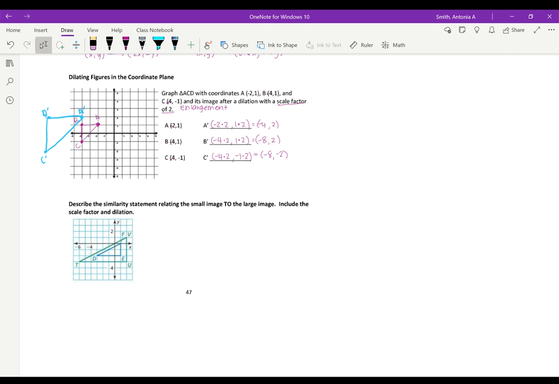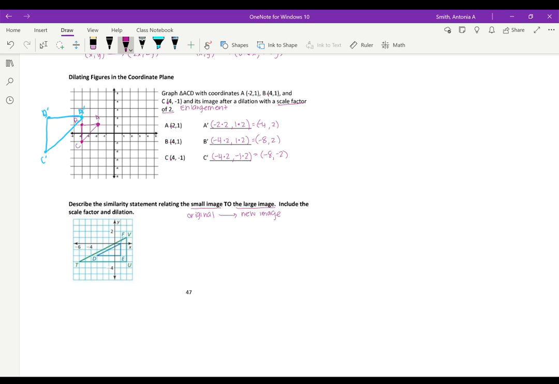So the way this is worded, it says we want to relate the small image to the large image. That means that the larger image was my newer image. Okay, the small image was the original, and it's going to the new image.